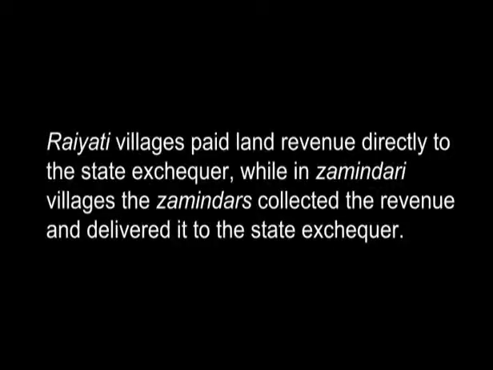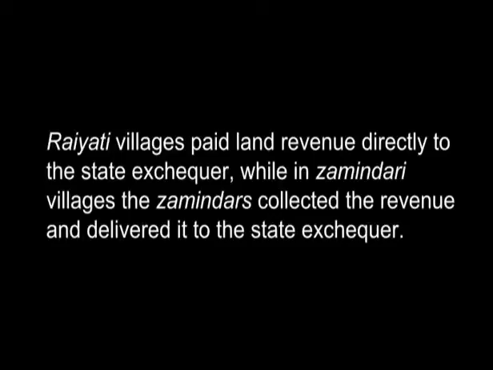Villages were generally of two types. One was the Raiyati village, or villages which were held by the peasants themselves, and the other was the Zamindari village. Now, in the Zamindari villages, the Zamindars were held responsible for the collection of land revenue and then sending it to the royal exchequer.